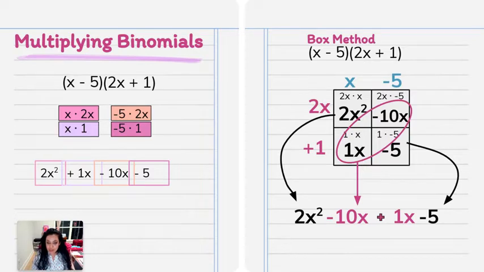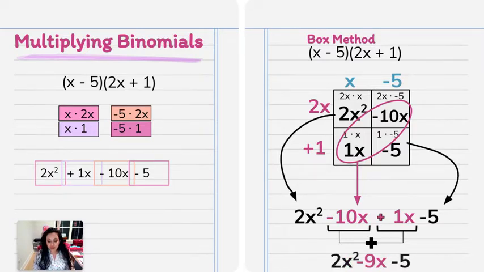It is a positive 1, so we're going to put a plus. And just like we did last lesson, we're going to combine my like terms here. So that's negative 10x and 1x, and we get negative 9x. And at the very end, just drop what you have left. So my answer when I multiply these binomials is 2x squared minus 9x minus 5.